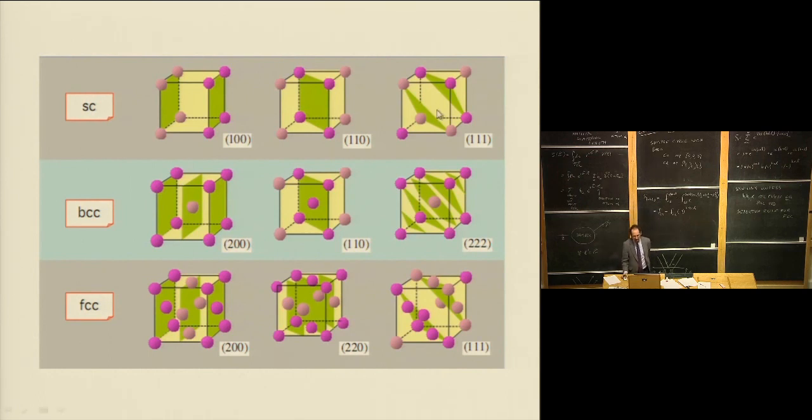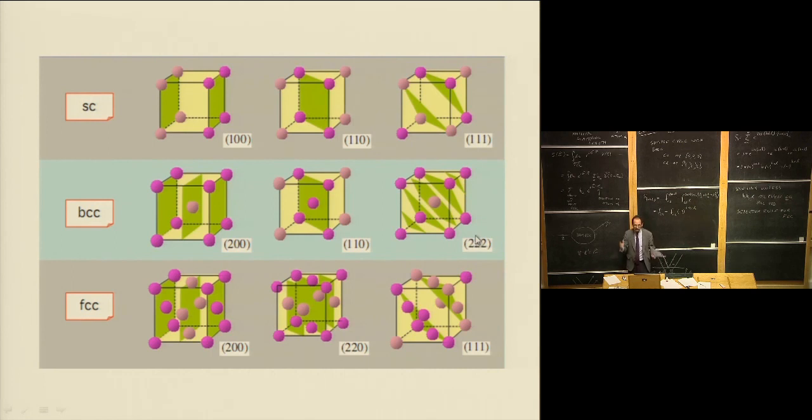You can see another case with 1, 1, 1. 1, 1, 1 makes these diagonal planes here, cutting across the unit cell, but it would miss the BCC point. If we were thinking about BCC, we'd be missing the point in the center of the unit cell. If you went to 2, 2, 2, you have twice the density of planes here, and you would catch the lattice point in the center of the unit cell. 1, 1, 1 does not satisfy the BCC selection rule that h plus k plus l should be even, whereas 2, 2, 2 does.